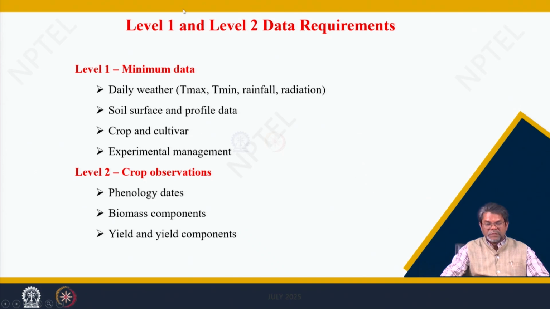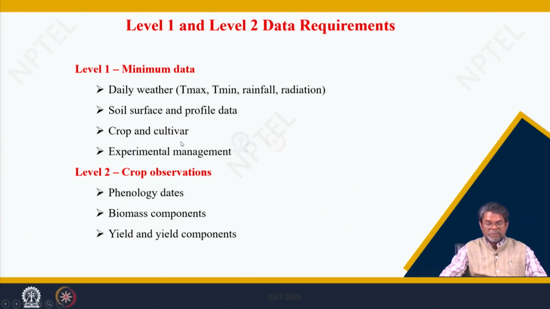So, for label 1, the minimum data required to run the model: the daily weather, the maximum temperature, minimum temperature, rainfall and radiation, then soil surface and the profile data as we discussed. This is soil data, physical properties, chemical properties, layer wise, that information is required.